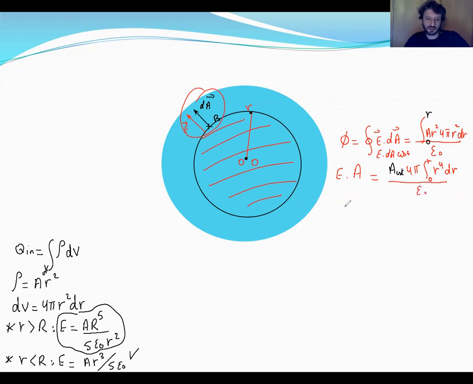And you know A equals the area of the Gauss's surface.